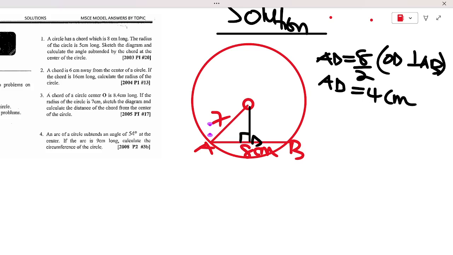Then you have to find this one. Let us put this one as Y. So let's find Y. Use the same Pythagoras, nothing else.